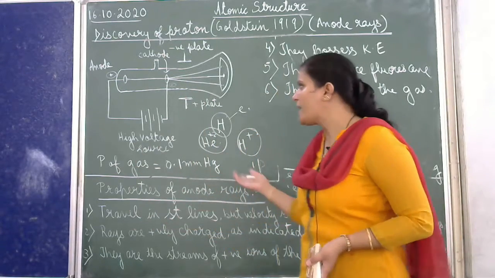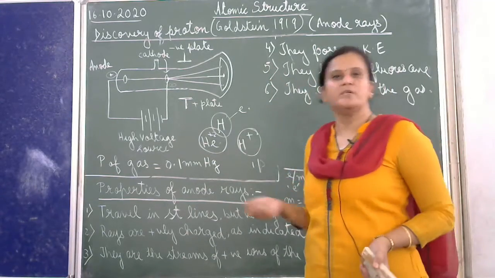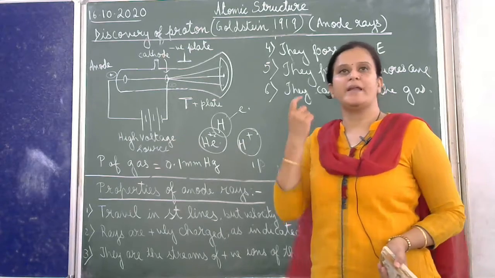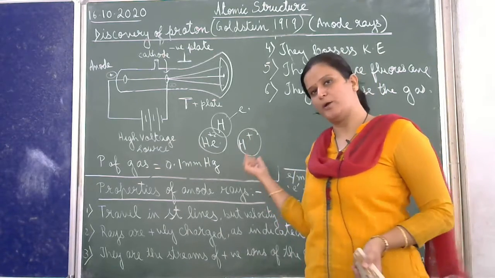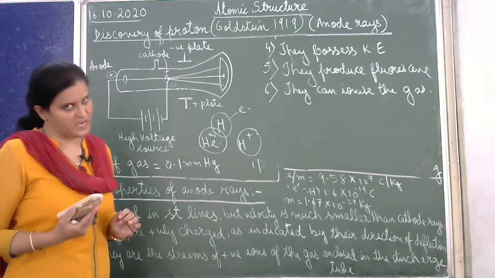Okay, so in this way he concluded that the atom also contains another positively charged subatomic particle. Next, we will see how the neutron was discovered.